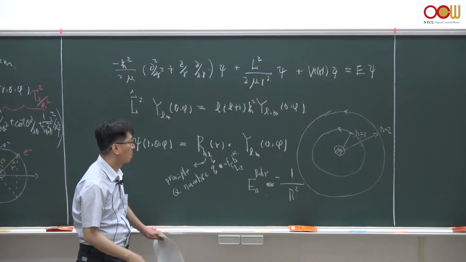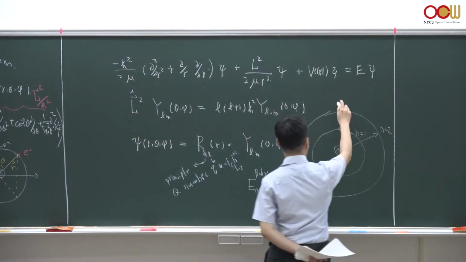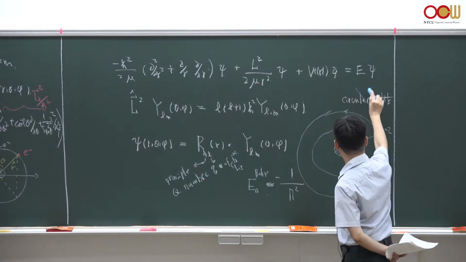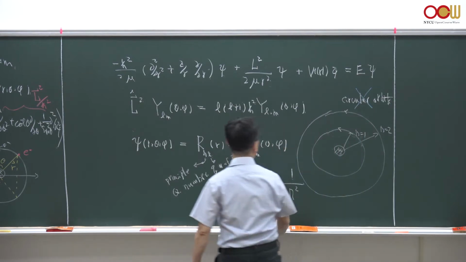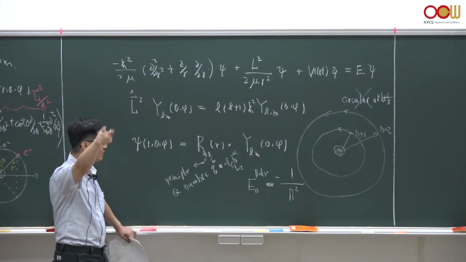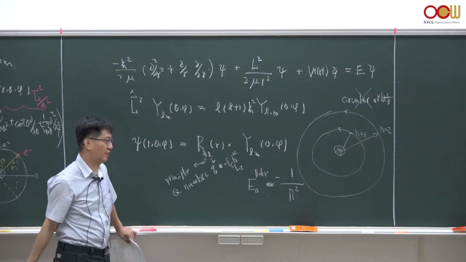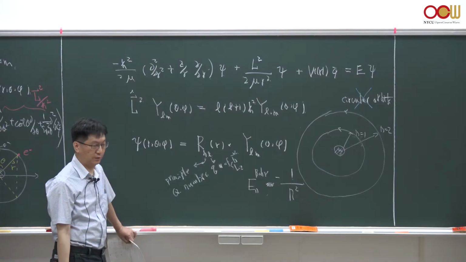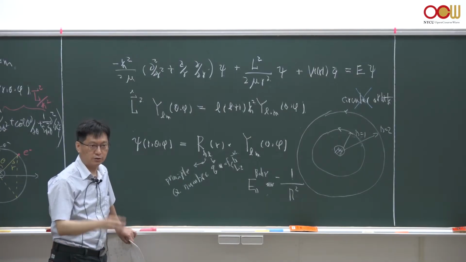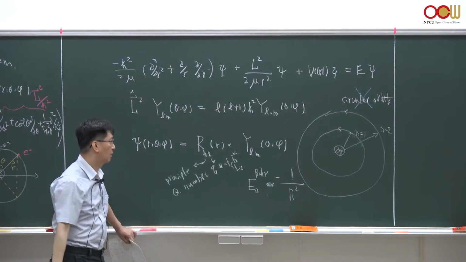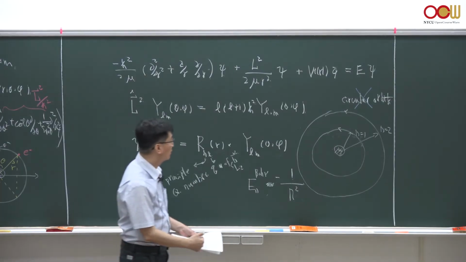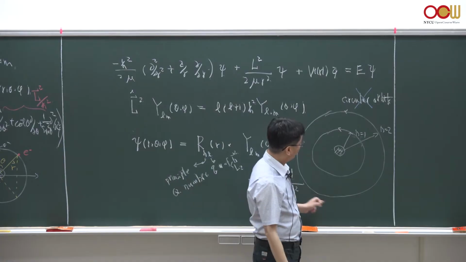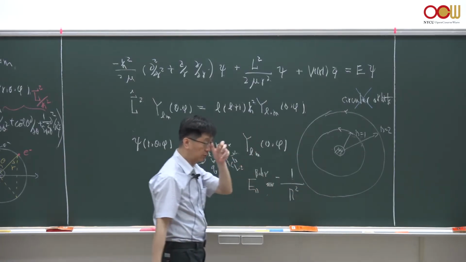Because we know that there is no such thing as a circular orbit in quantum mechanics. Electrons are not just like classical objects, like planetary motion, like the Earth circling around the sun. No, electrons do not make circular orbits around the nucleus core.